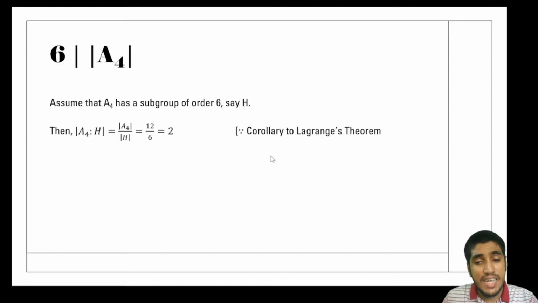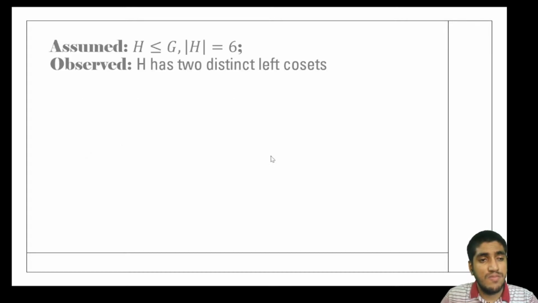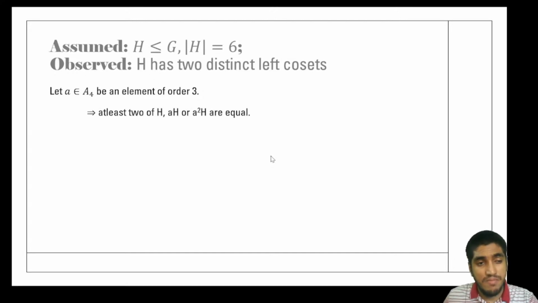It means that H has 2 distinct left cosets. Pick any element a in A4 of order 3. There are 8 of them to choose from, remember? Then at least 2 of the left cosets H, aH or a squared H are equal.